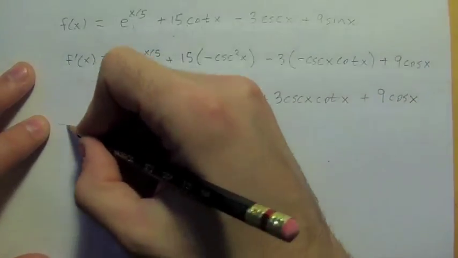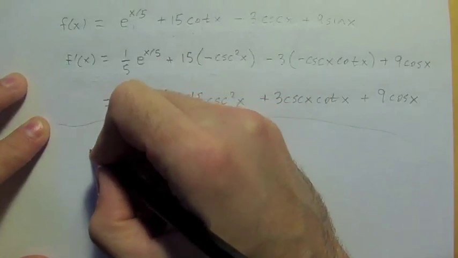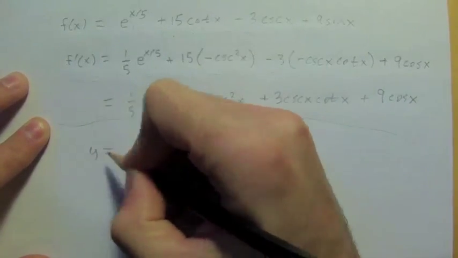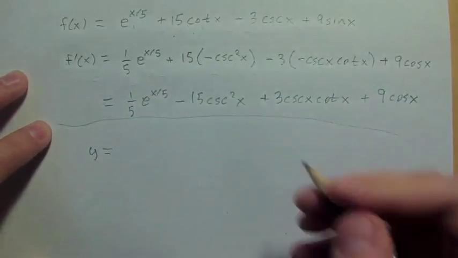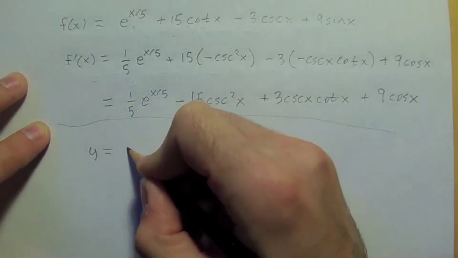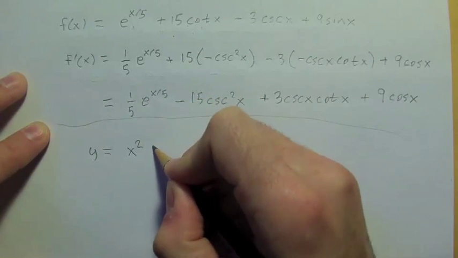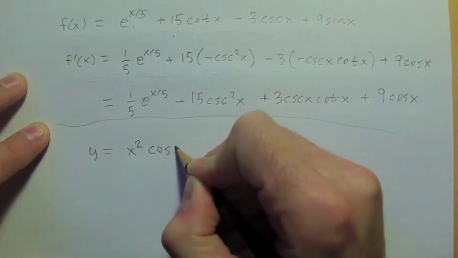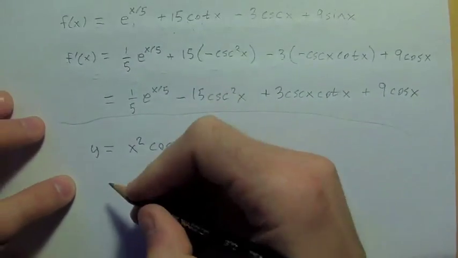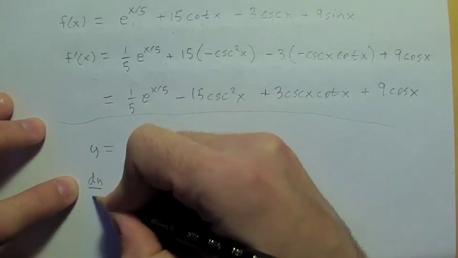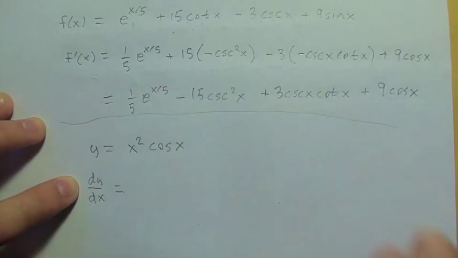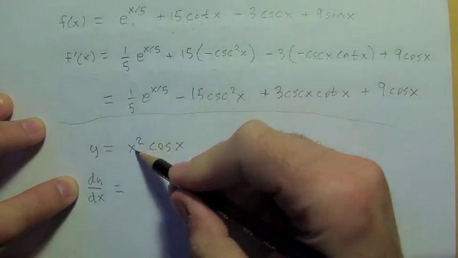We can also start bringing sines and cosines and other trig functions into product and quotient rules. Let's start with a simple one. Let's say we have x squared cosine x. When I take the derivative, it'll be the derivative of the first.